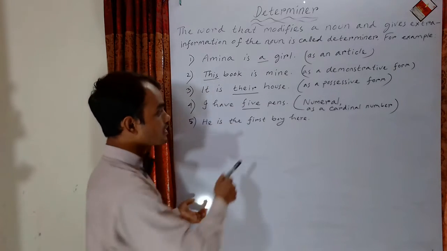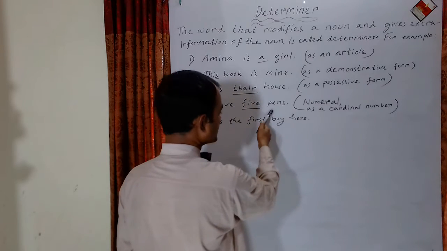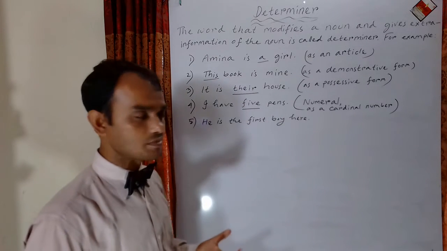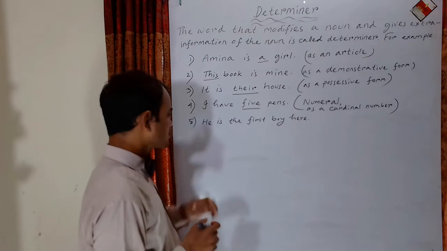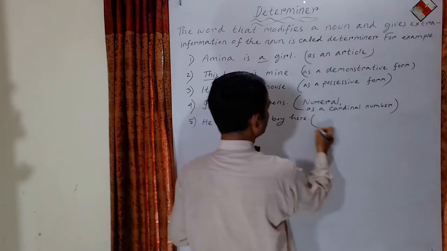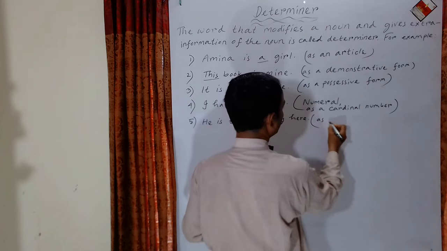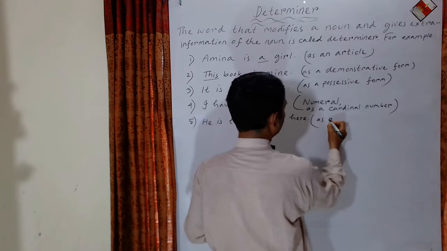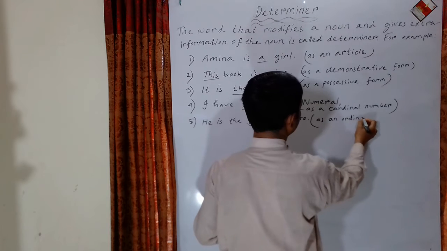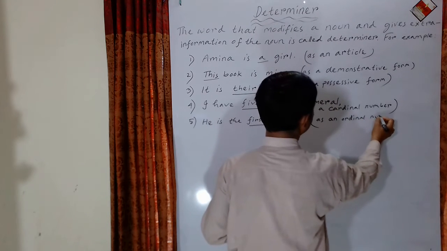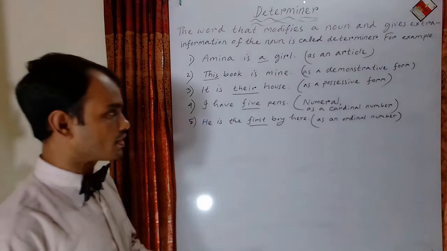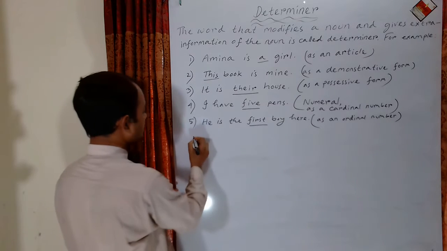This ordinal number is modifying the noun boy and giving extra information of the noun boy. So this is also a determiner, first, as an ordinal number.